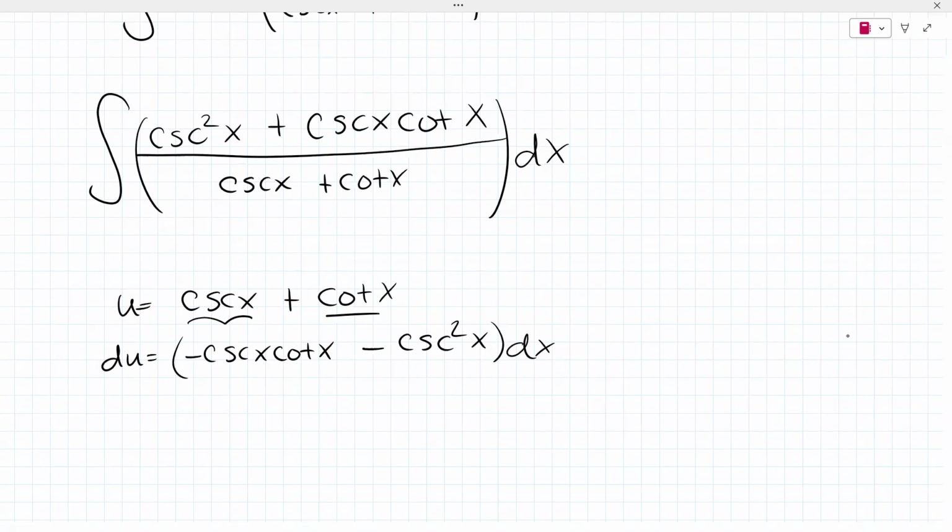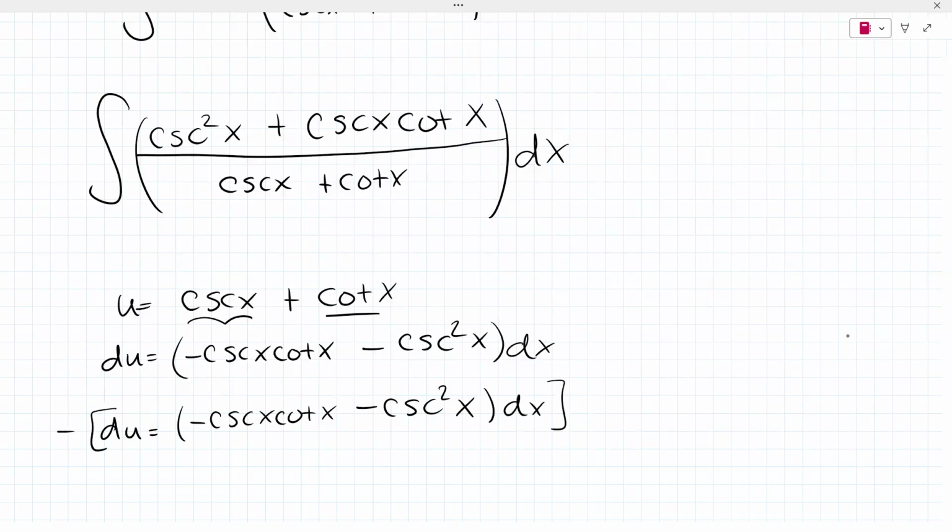As you can see, this is a positive cosecant x, and this is a positive, so I'm going to multiply both sides by -1. That's negative du equals positive cosecant x cotan of x plus cosecant square of x dx.